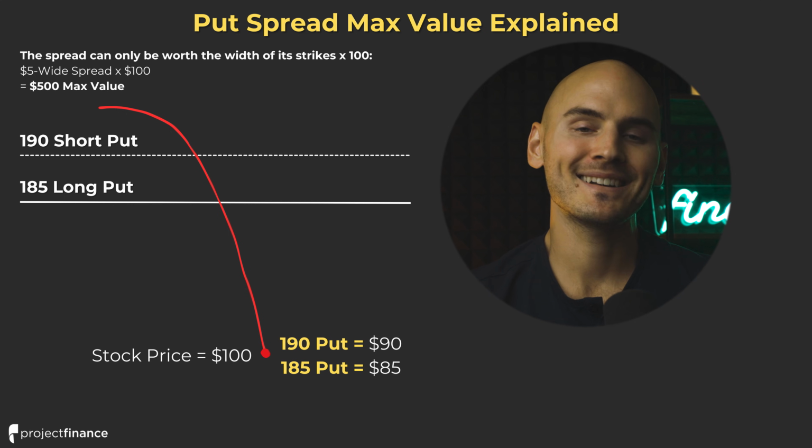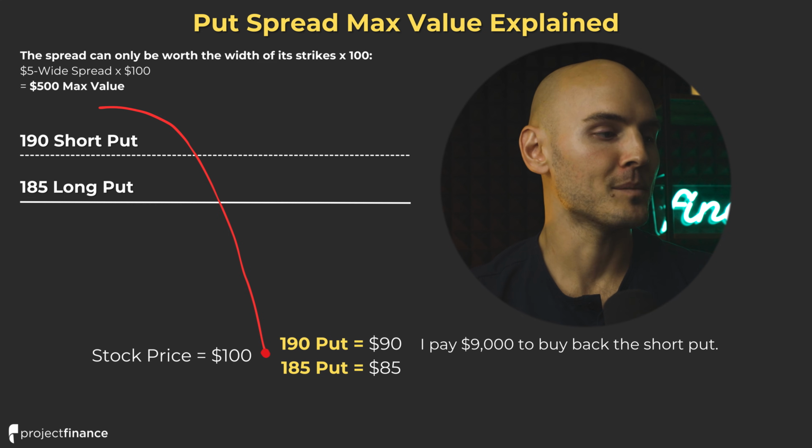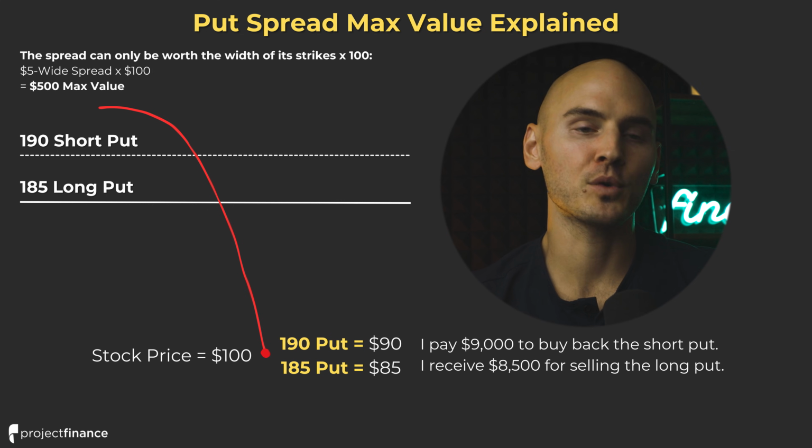If I pay $90 to buy back the short 190 put, that means I will pay $9,000 for that option. But since I own the 185 put, if I sell the 185 put for $85, that means I will collect $8,500 into my account for selling that put option.